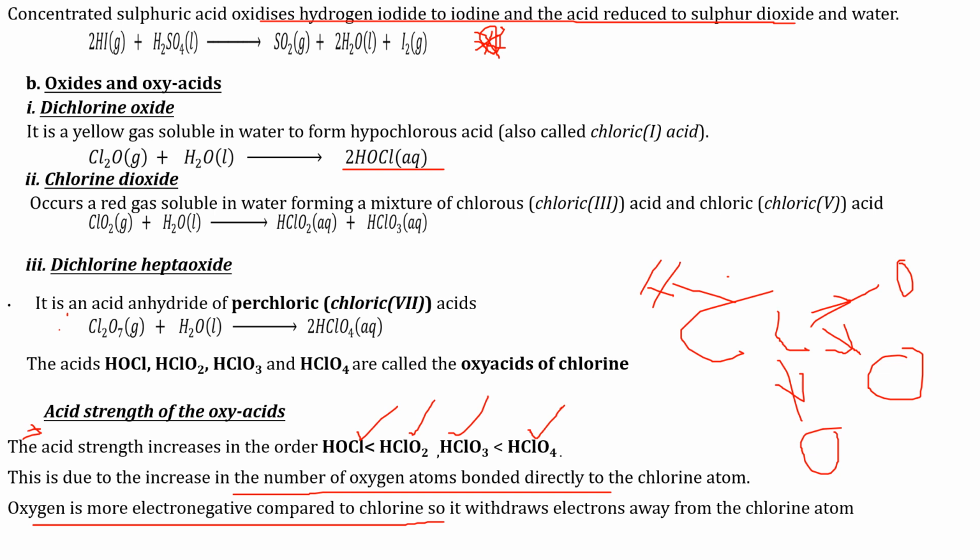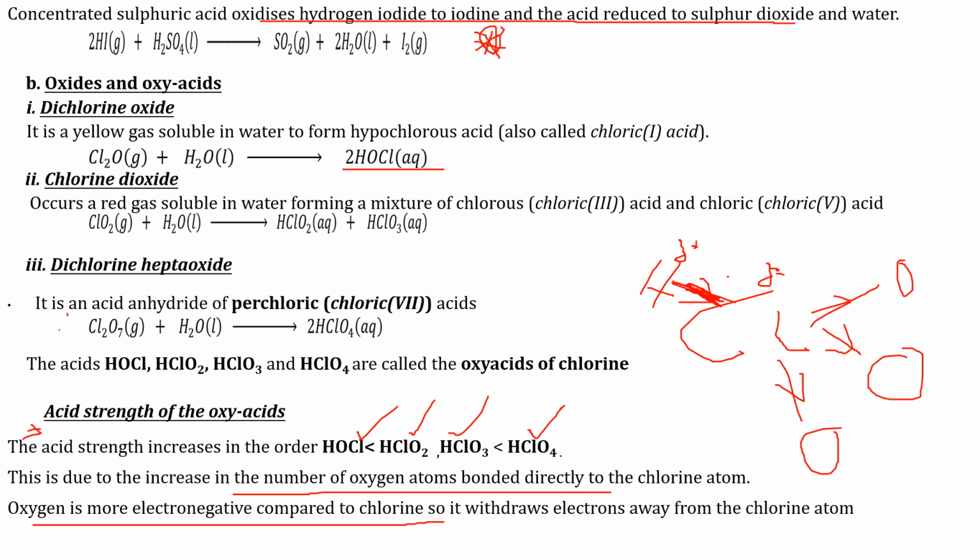Once it is withdrawing bonding electrons towards itself, this bond is going to weaken because electrons are being pulled this side. So in organic chemistry, this one is going to attain a partial positive, and this one is going to attain a partial negative. The more bonding electrons are pulled towards oxygen atoms, the more the partial negative here increases, and the more the partial positive here increases, and the more the bond between these atoms weakens. So the more the number of the oxygen atoms increases, the more this bond weakens.